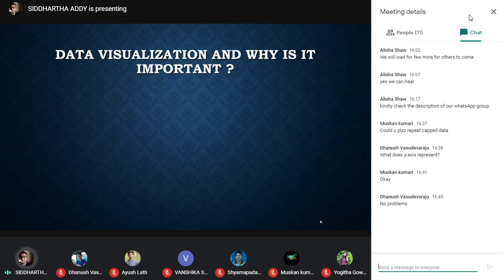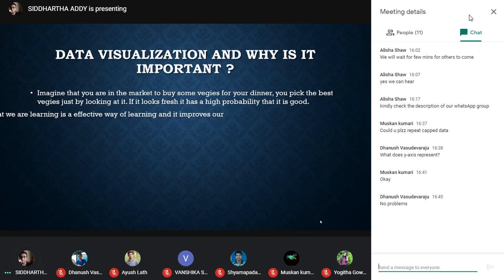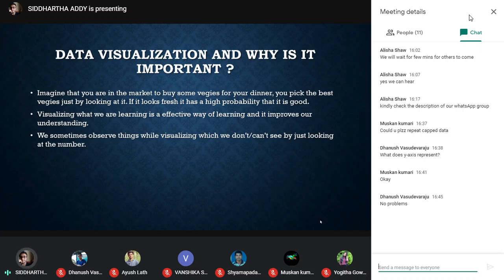Data visualization is important because visualizing gives you an effective way of learning. You observe things better in visualization. I just want to draw your attention to the median age, that at age 50 the value skyrocketed, and it says that after 50 nobody lived. That's why it is important, because if I just gave you 20,000 data points now, you wouldn't be able to understand this.